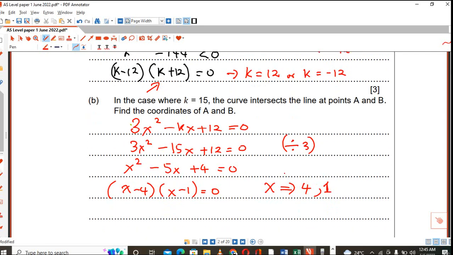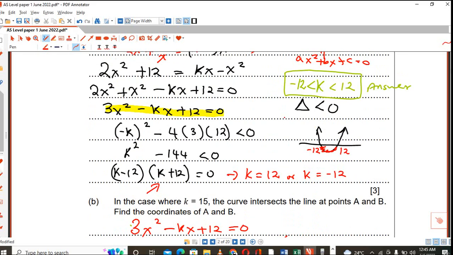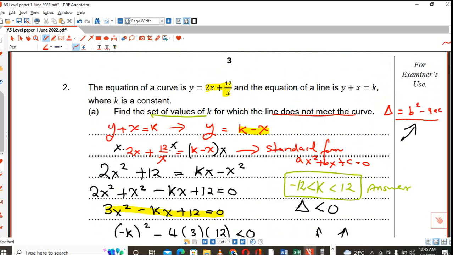Now, in order for us to find the corresponding y values, I'm going to use my equation. Let's go back to the straight line. I wrote it as y equals k minus x, so I'm going to use this one.